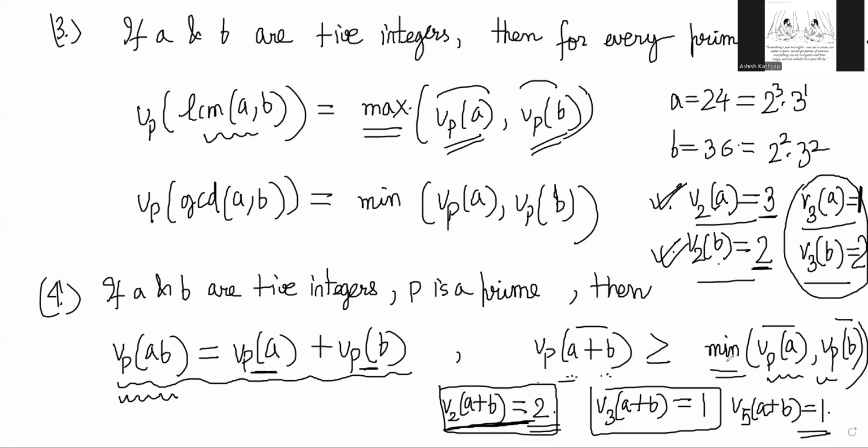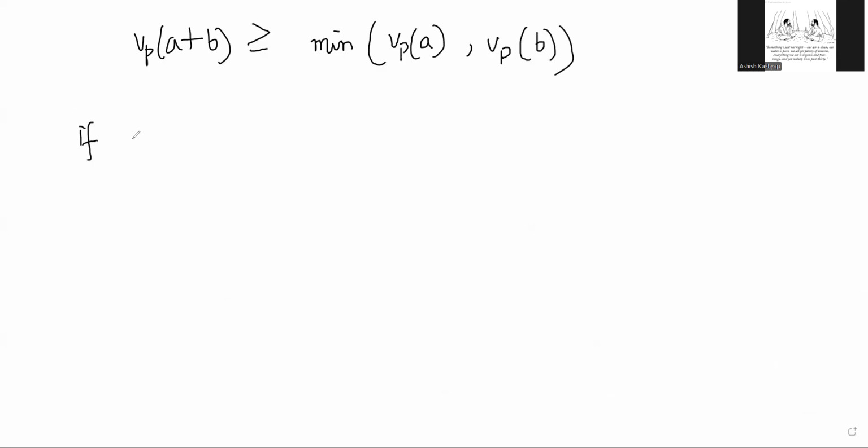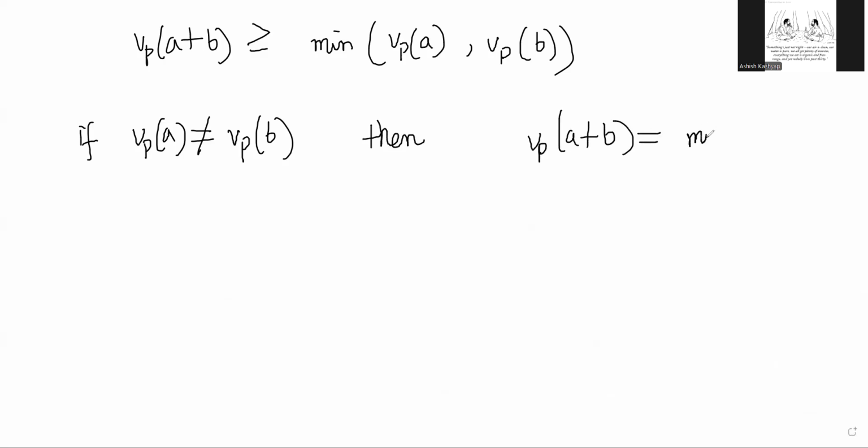What I'm saying right now is if V_p(A) is not equal to V_p(B), then V_p(A+B) will be equal to the minimum.